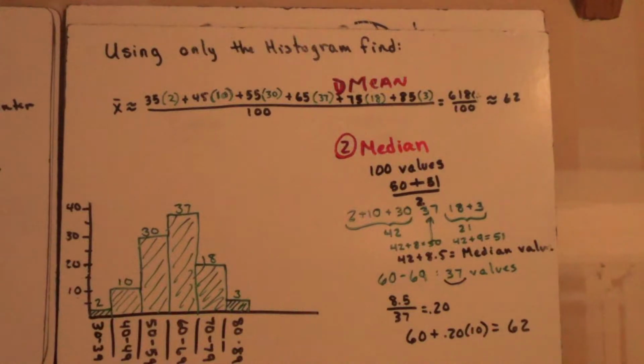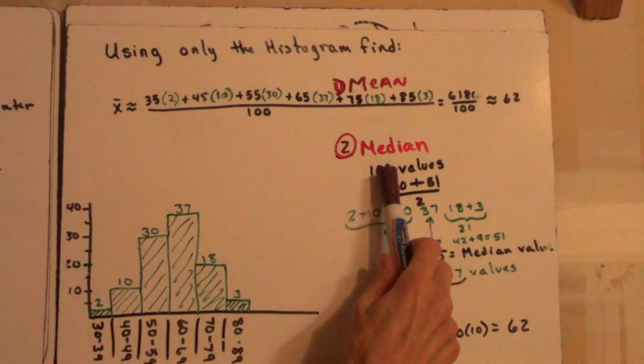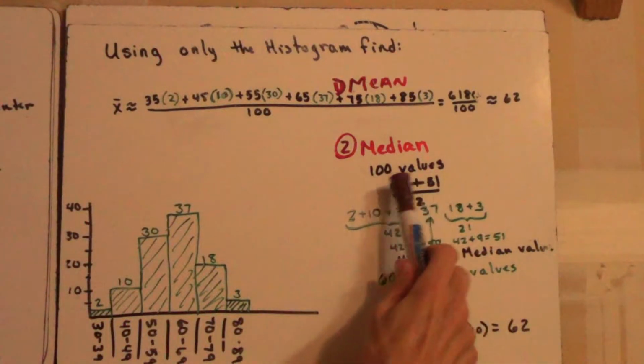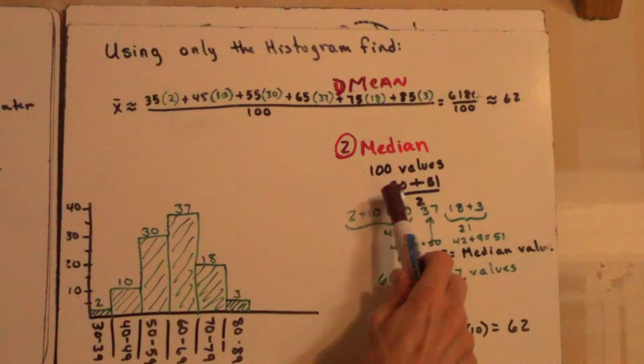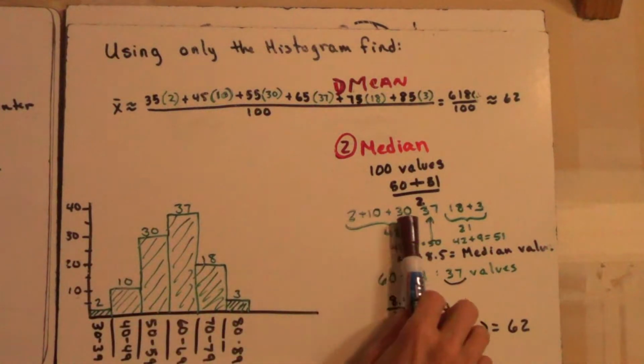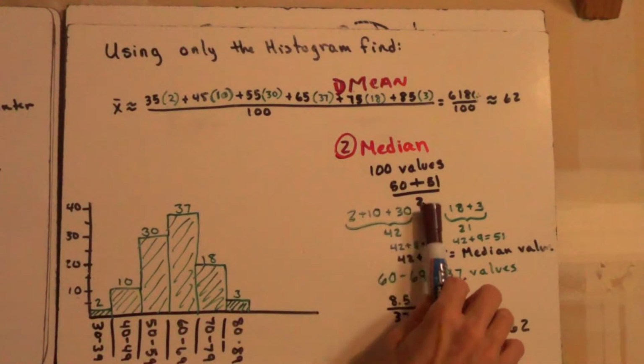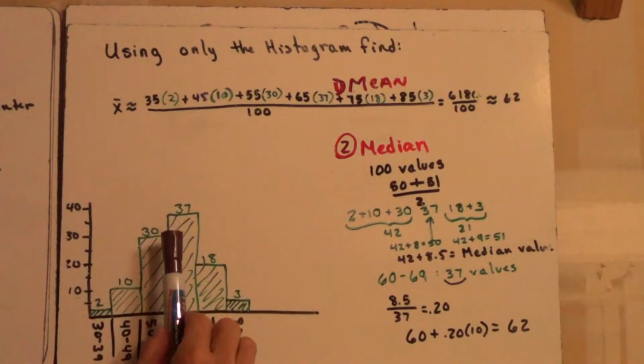Now to find the median, oh, I'm sorry, the lights went out. Forgot that I turned off my other light. To find the median, we know there's 100 values, so we know that the median would be between 50 and 51, and we divide that by 2. So we count up, there's 42 different values clear up to that 37 column, this middle one.